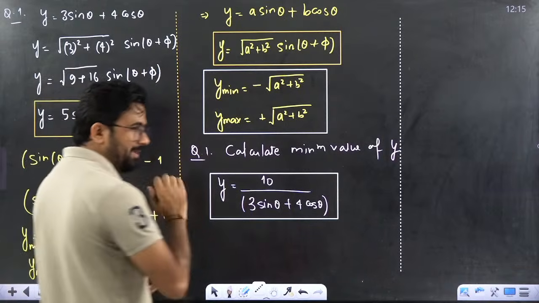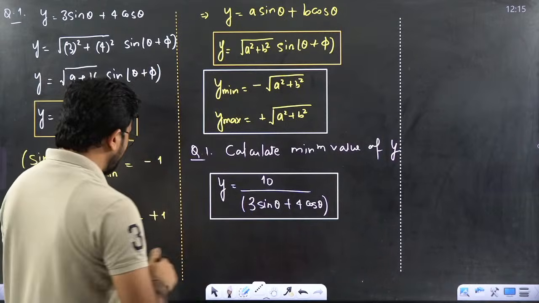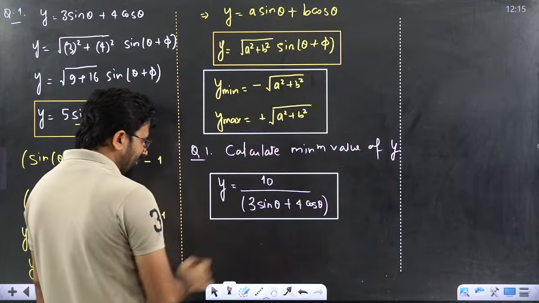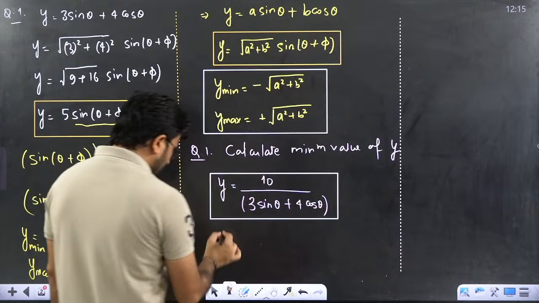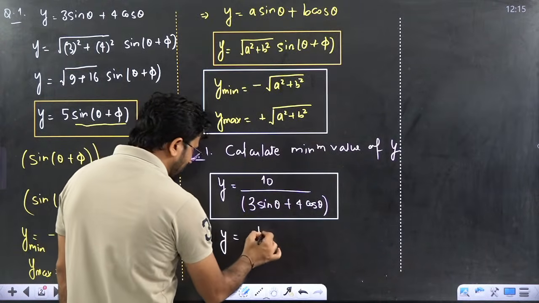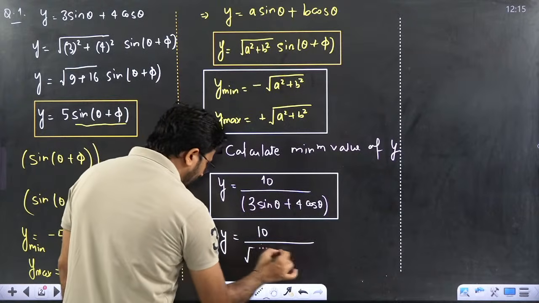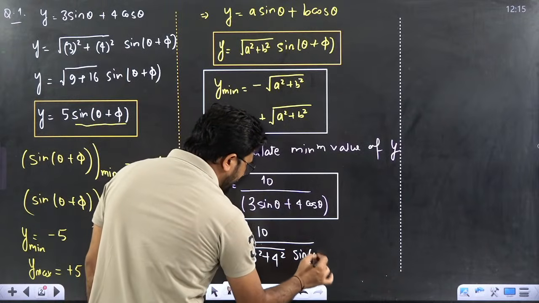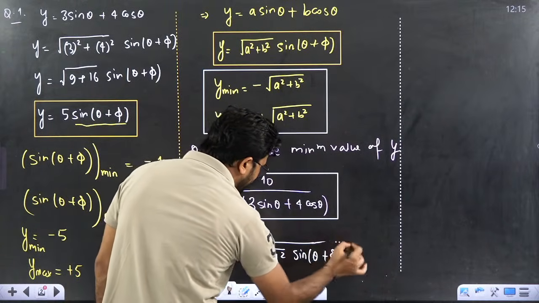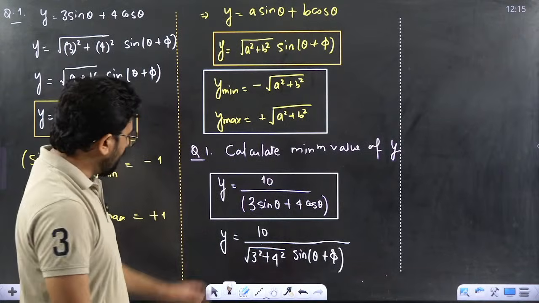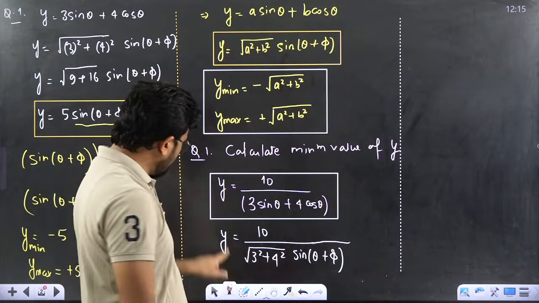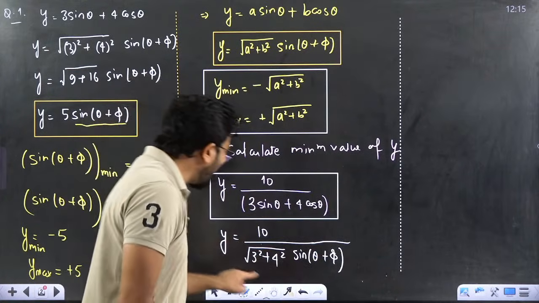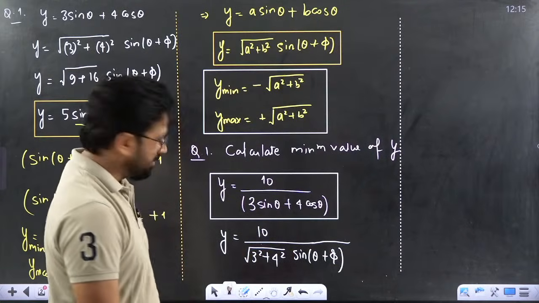Now I am telling you, you have to understand carefully. The very simple thing. In the very next line, we know this lower part expression can be written as y equal to 10 divided by root over 3 square plus 4 square into sine of some theta plus 5. Very simple. I need y minimum. If y is minimum, this lower portion that we call the denominator has to be maximum.